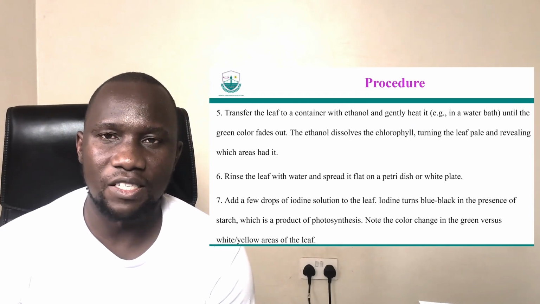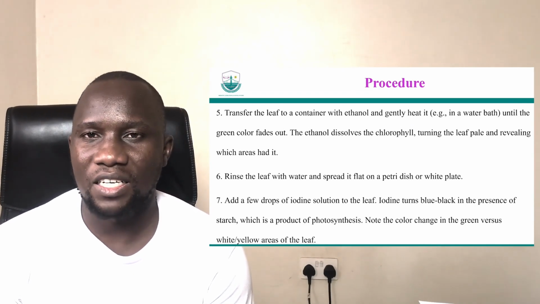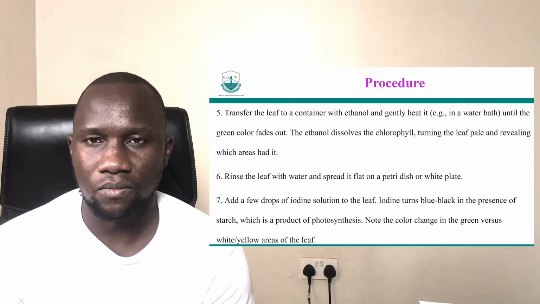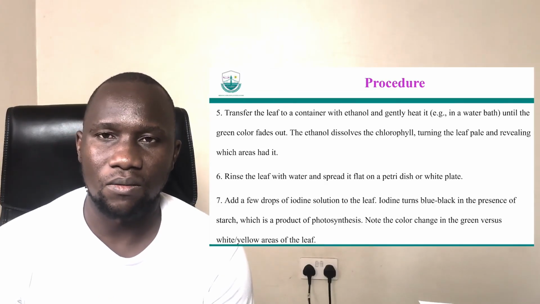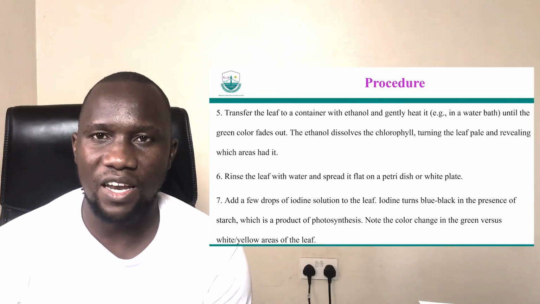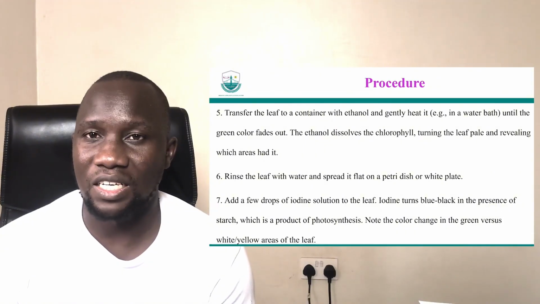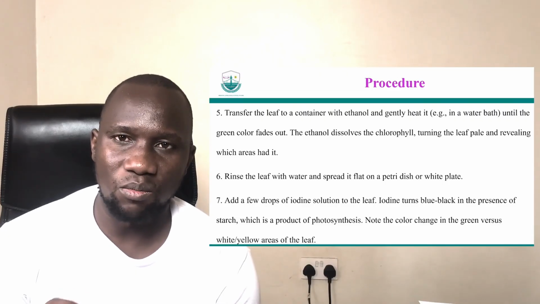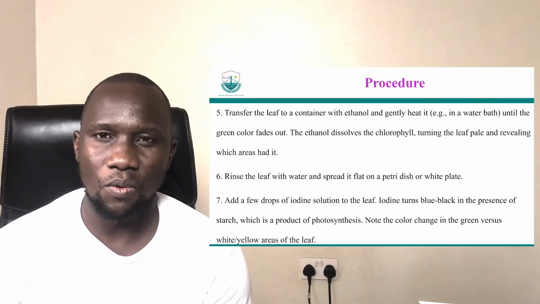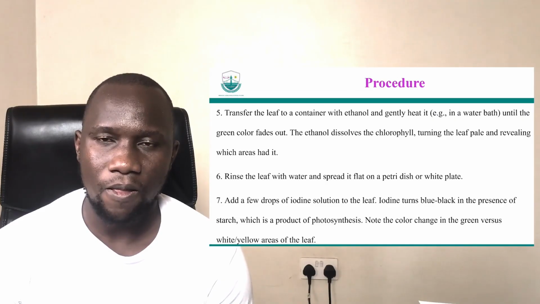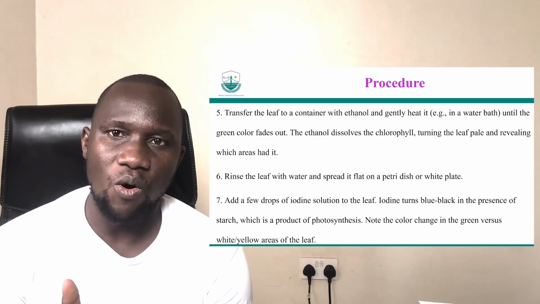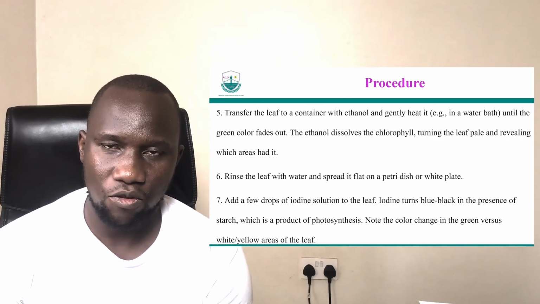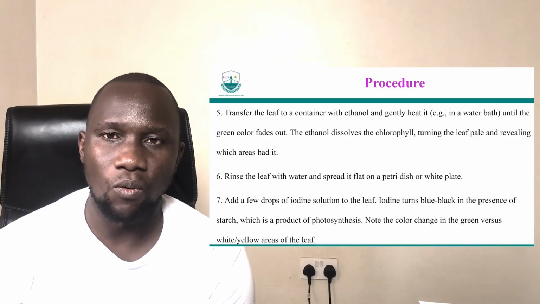What is unique is that the parts that have lost the chlorophyll will appear distinct from the parts that do not have chlorophyll. The next step is that you remove the leaf, rinse it with water, and then place it on a flat surface. A petri dish can work.